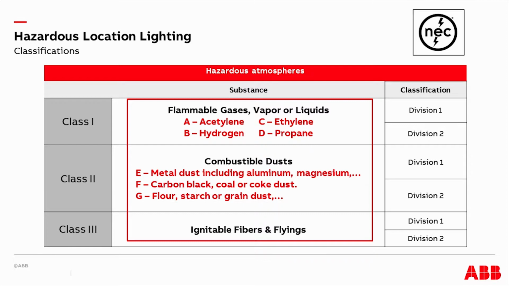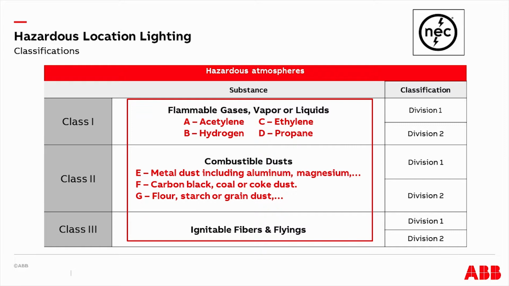Class 1 contains Group A, B, C, and D. Group A generates the highest explosive pressures, acetylene. Group B produces hydrogen, Group C, ethylene, and finally, Group D, gasoline, which generates the lowest explosive pressure.